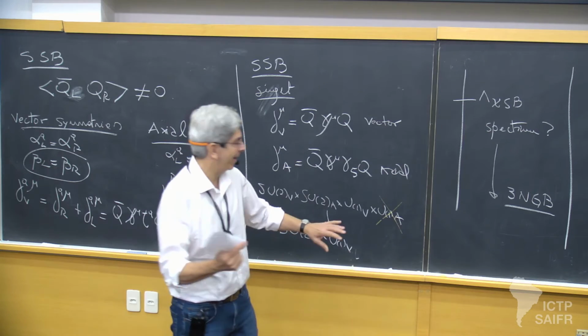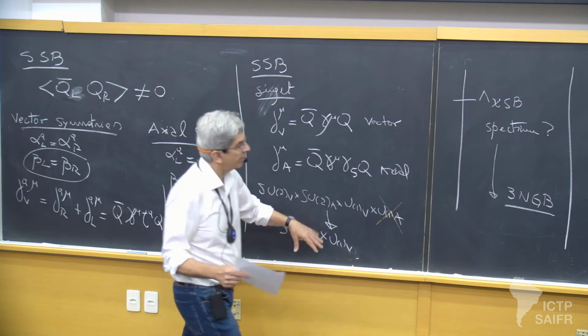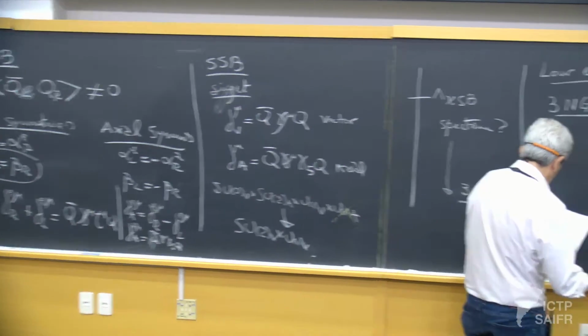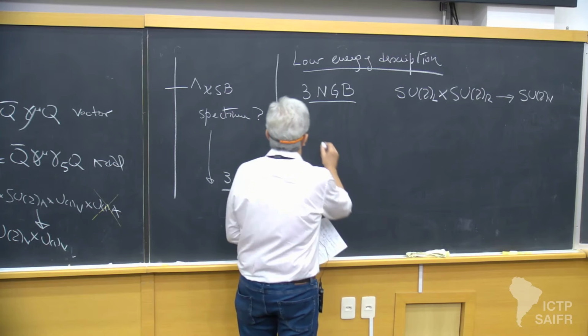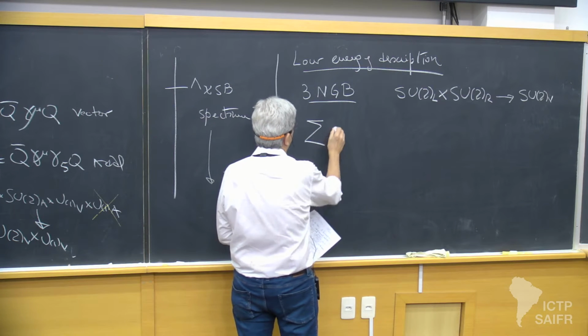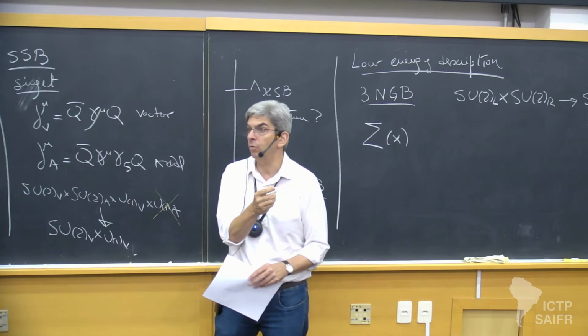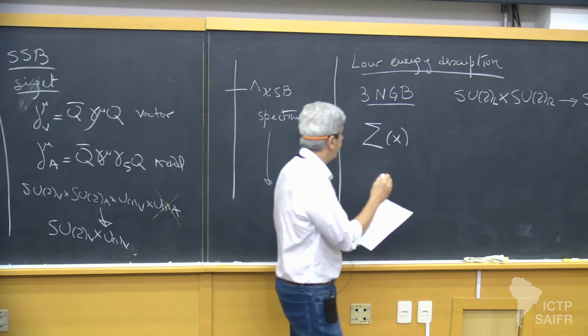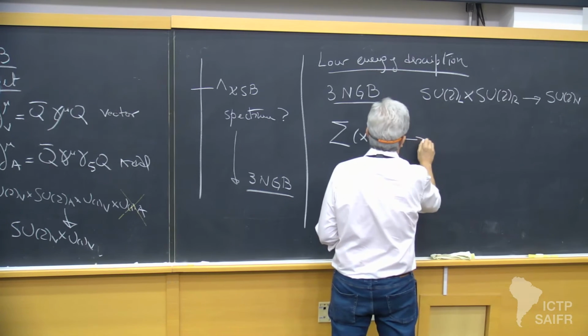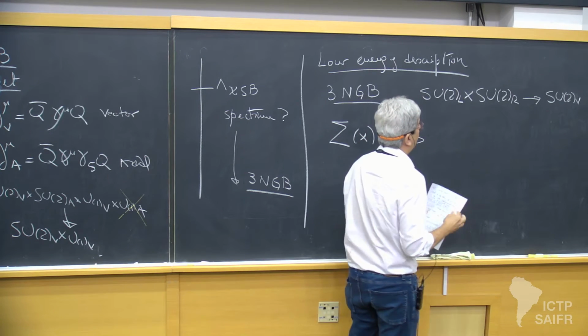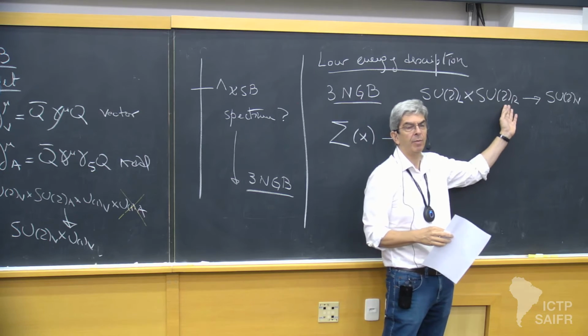But I'm just talking about the spectrum, and so I have to write down some field that will contain the Nambu-Goldstone bosons like we always do, right? And this field should transform under the symmetry. Now, I have two symmetries here. It's a product group.